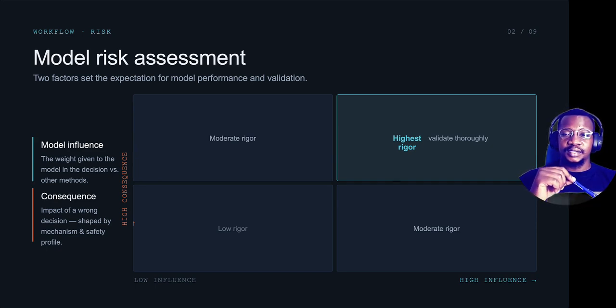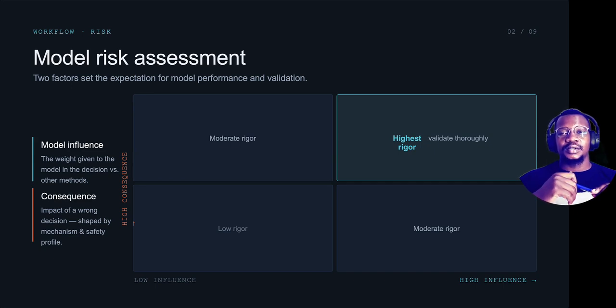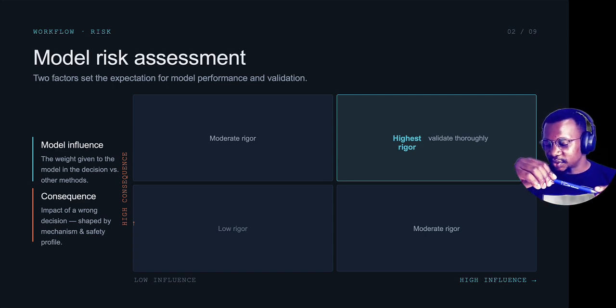You can see our table there, where on the vertical scale you have the high consequence, and on the horizontal scale you have high influence. So the highest trigger is achieved at the top right corner, which has to be validated thoroughly because the consequence is high and the influence is high as well.